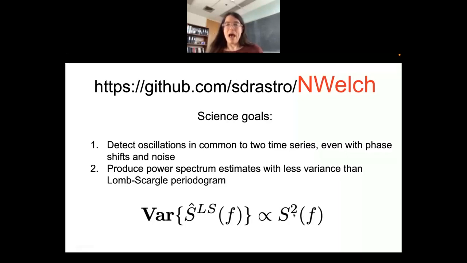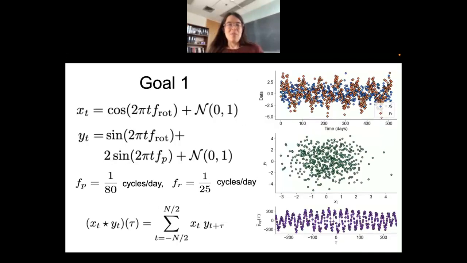So you can add millions of data points and you can't get that variance down. We would like to have statistical methods that do better than that, that can be asymptotically lowering our variance.